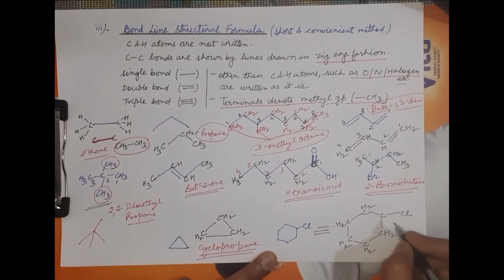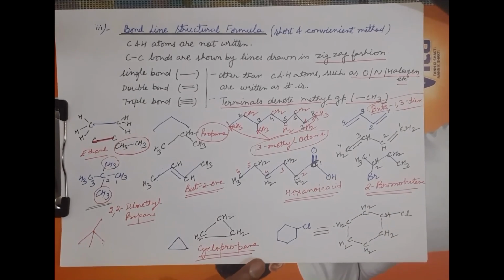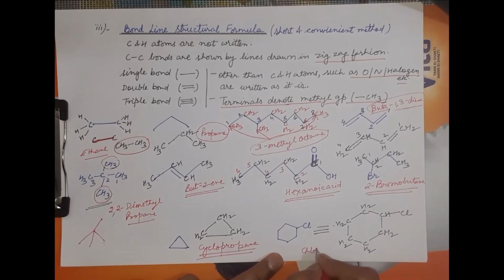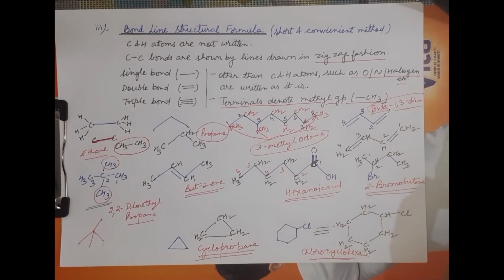This is also CH2 and this will have 1 H only. So the name will be chlorocyclohexane. Chlorocyclohexane. So this is all about the structural representation of organic compounds.